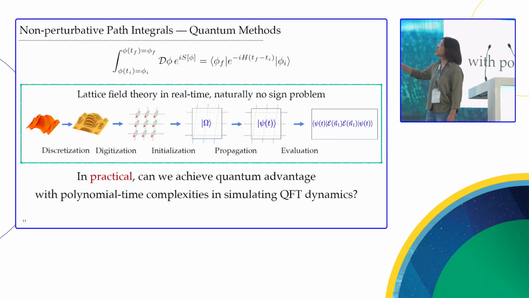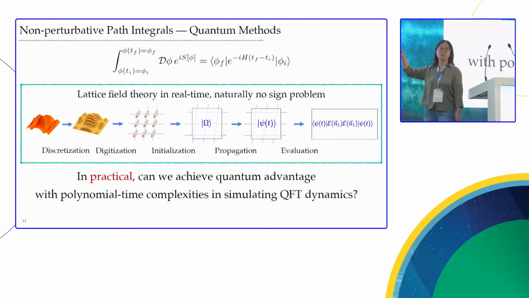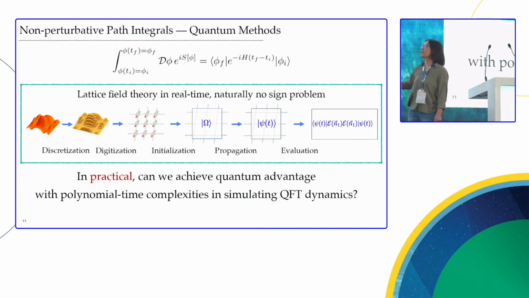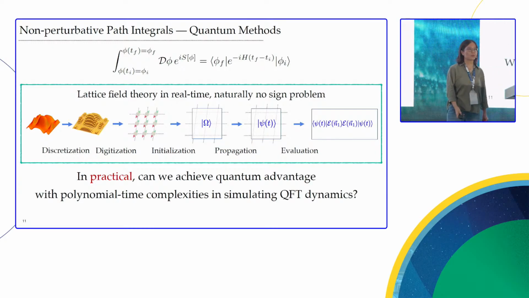It naturally translates the path integral to these Hamiltonian formulations, right? We can prepare our quantum field theory with these two steps: translate our quantum field theory degrees of freedom into a finite number of qubits, and then write down its corresponding Hamiltonian. And then with the Hamiltonian, we can prepare the initial state, do the time evolution, and then measure the variables that we are interested in, right?